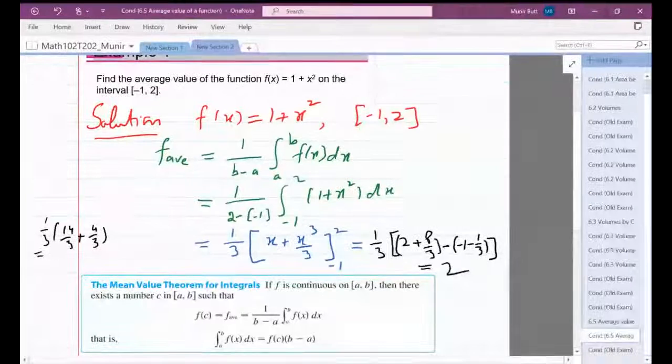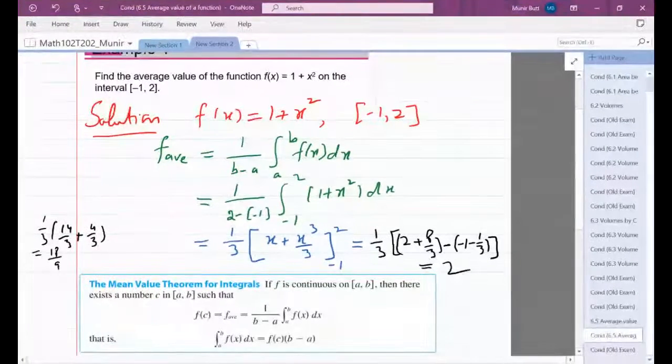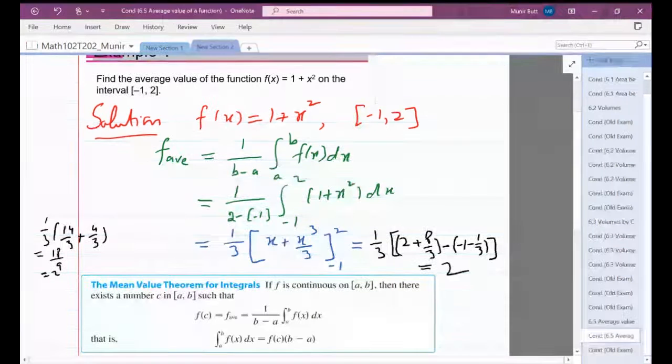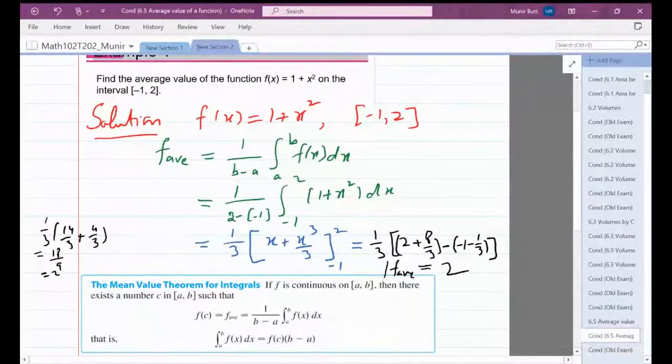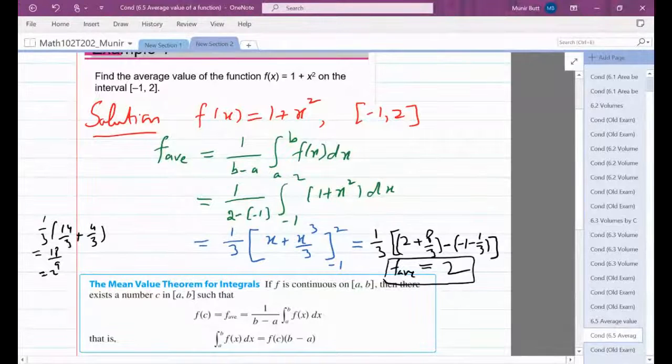So it will be 18 over 3, times 1 over 3, which is 2. I did this calculation on the side. So the average value of the function is 2. Okay, so it was a very straightforward thing.